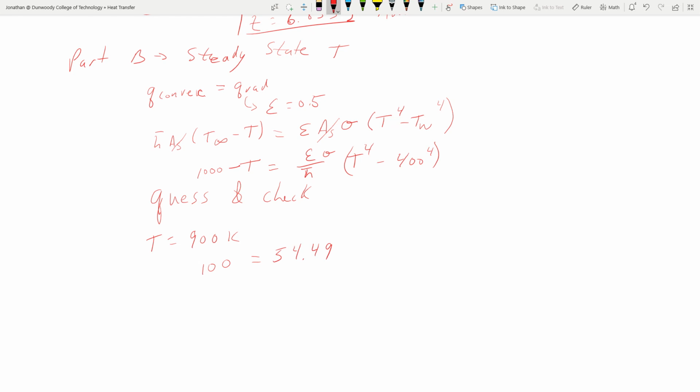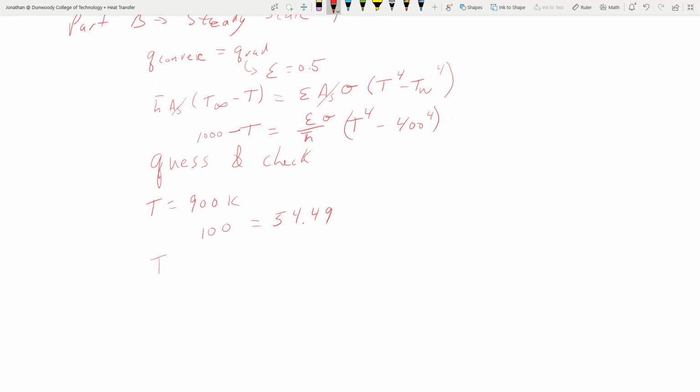Alright, let's guess T is 950 Kelvin. So we have 950, so we're going to get 50 on the left-hand side. The other side is 950 to the fourth minus 400 to the fourth times 0.5 times 5.67e-8 divided by 328.